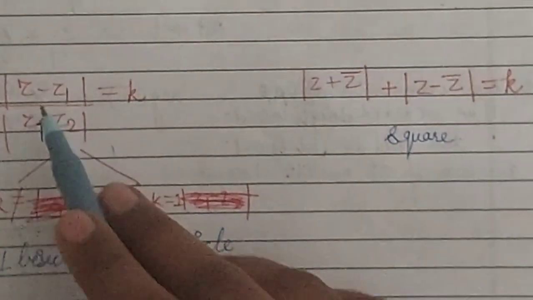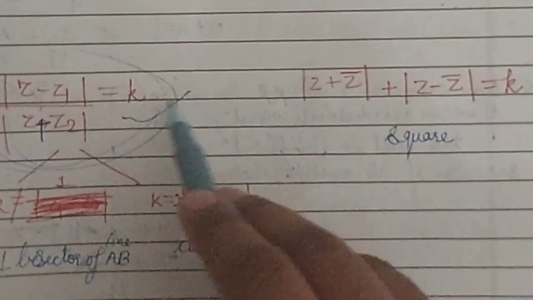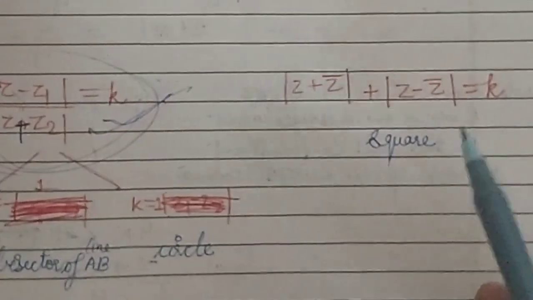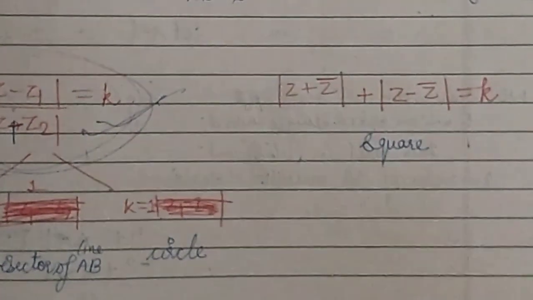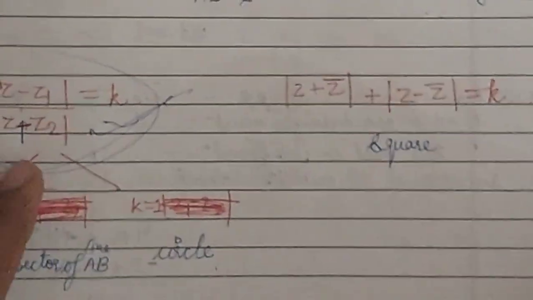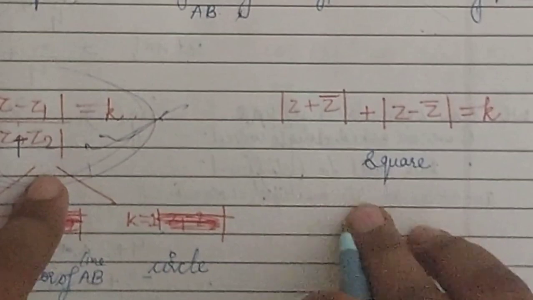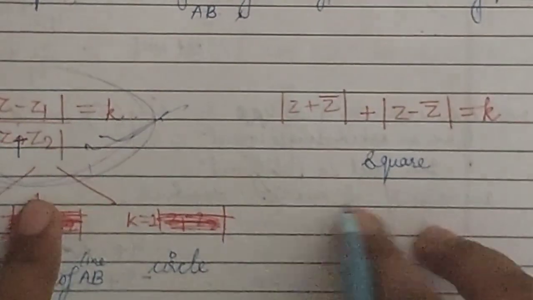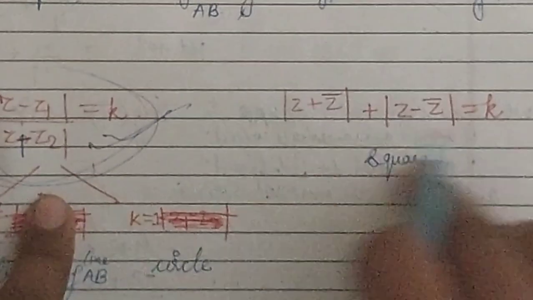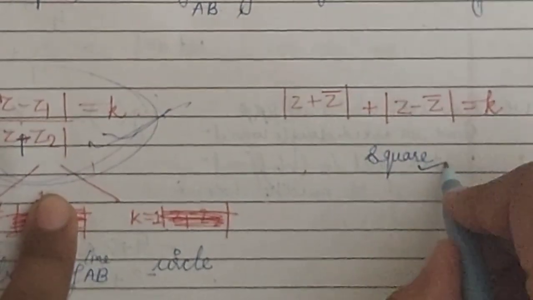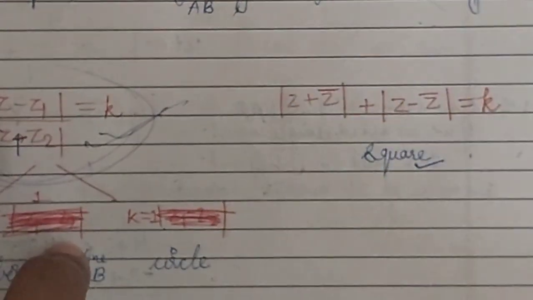And if k is equal to 1, this will be represented as a circle. So you see how much difference the value of k can create in complex equations. Geometry is quite interesting, but tricky too. If z plus z bar plus z minus z bar is k, something of this form, then this will represent a square. This is the equation for the square. I hope you get it.